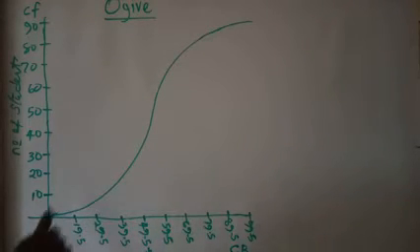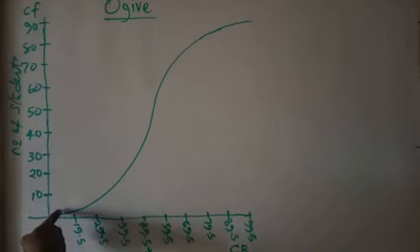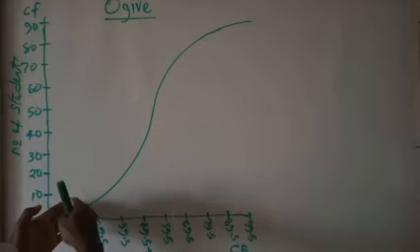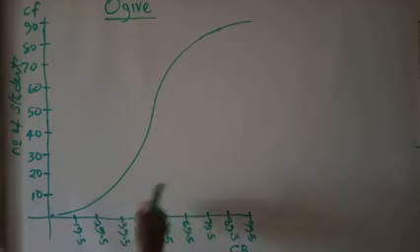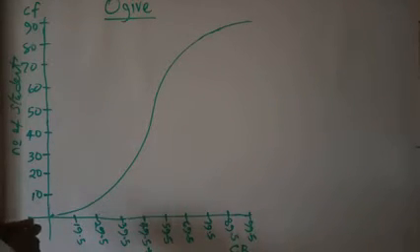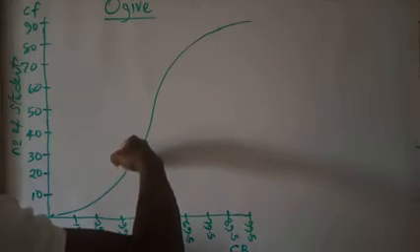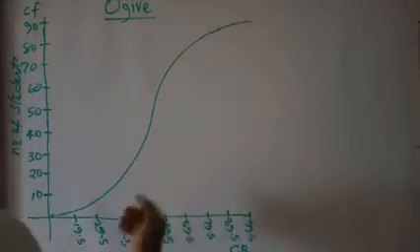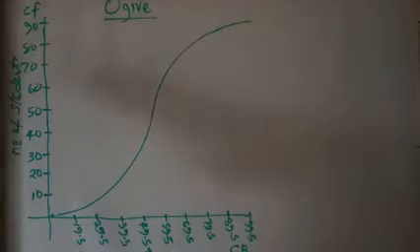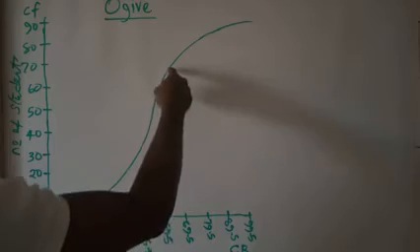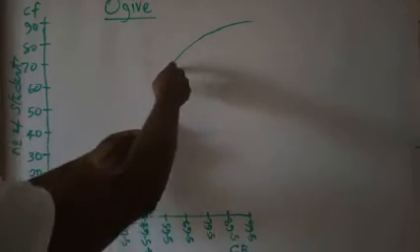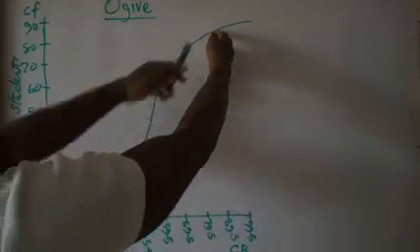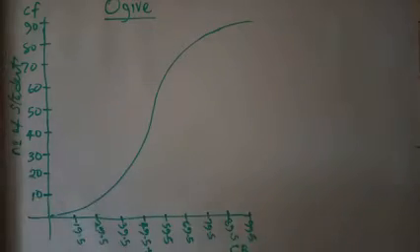In a cumulative frequency curve, any point you pick is always higher than the point to the left of it, because we use the cumulative frequency to draw the graph. That's why it is so.